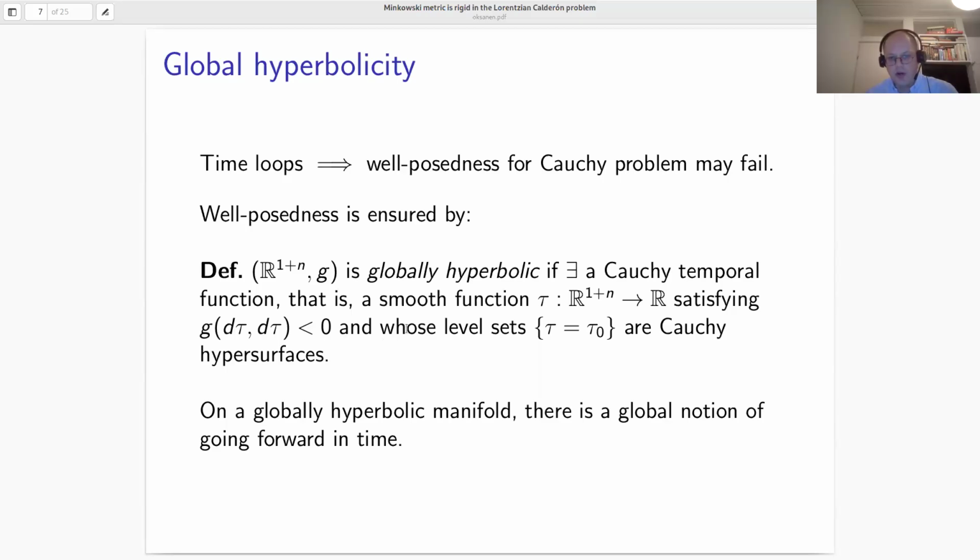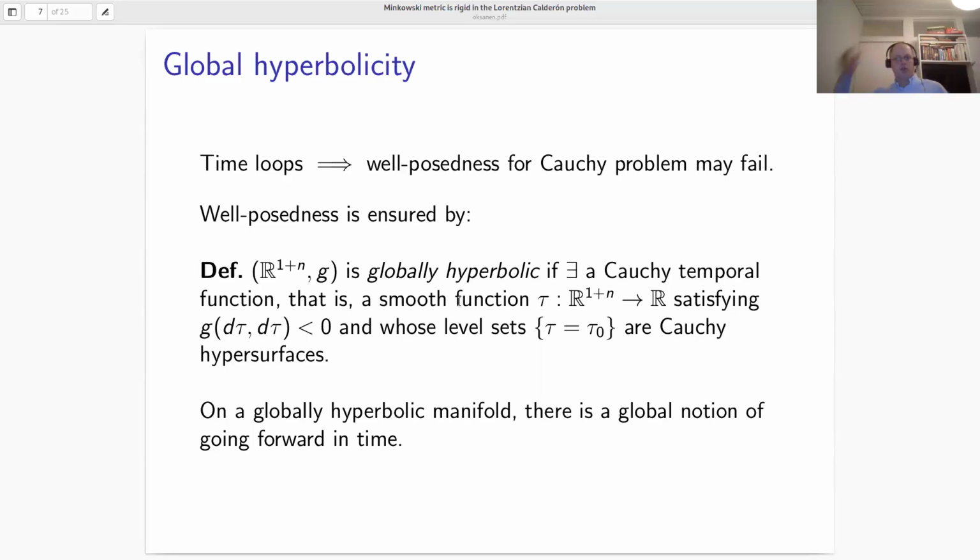And then moreover, the level sets of this function should be what are called Cauchy hypersurfaces. This means that all causal paths, all physical paths where matter or light can move, must intersect each of these hypersurfaces exactly once.